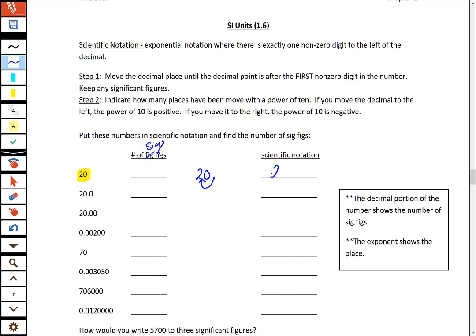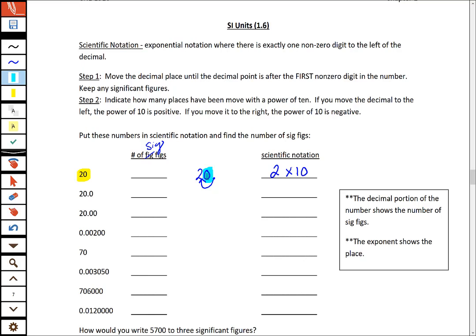And when we move that decimal place over 1, what that is essentially doing is telling us that we have an additional place past the ones place here, right?